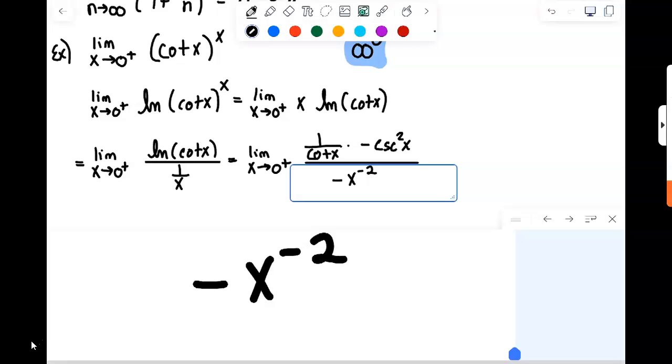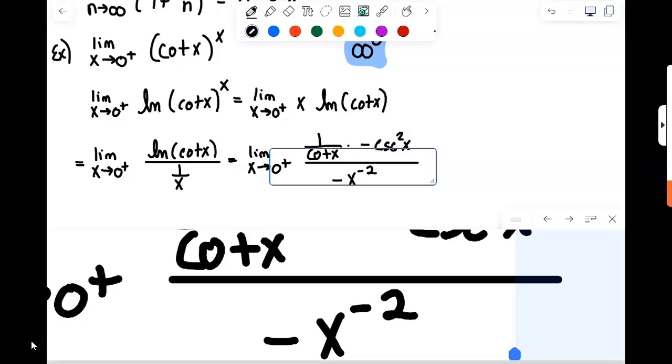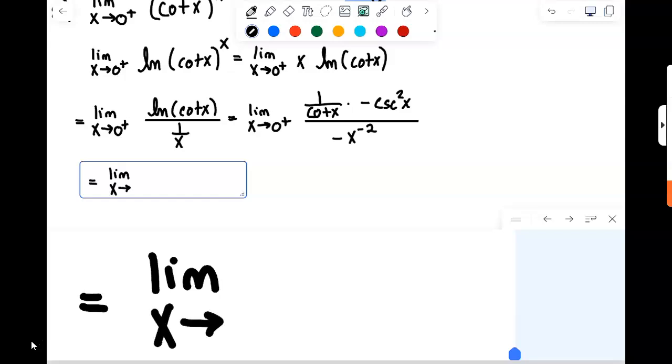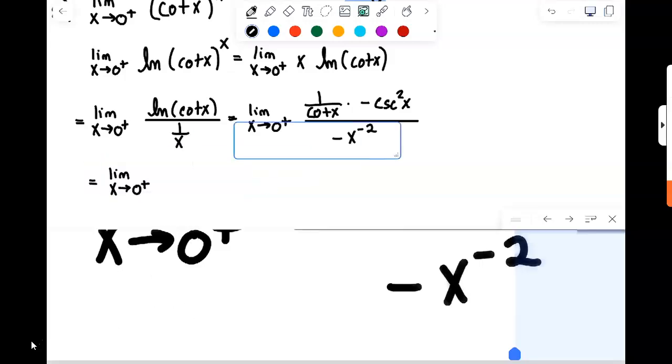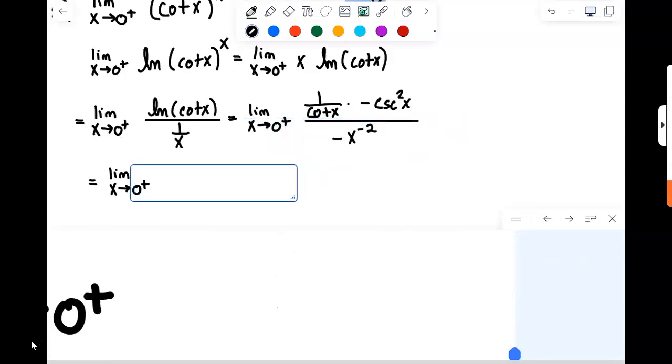Okay, so I'm going to do some housekeeping here to try to get this stuff cleaned up and see where I can go from there. See what I have. So this would be limit as x goes to 0 from the positive direction. Because that stuff's to the negative second power and it's in the bottom, it needs to go up top. So I have a minus x squared.